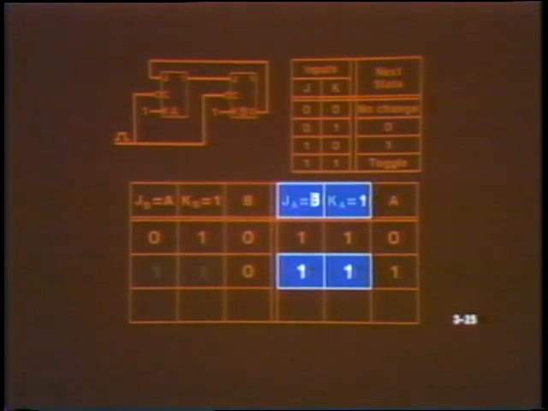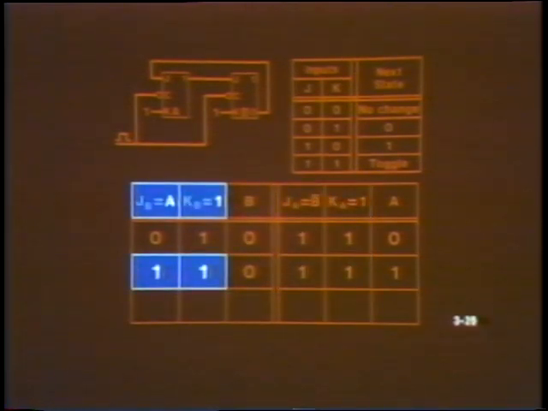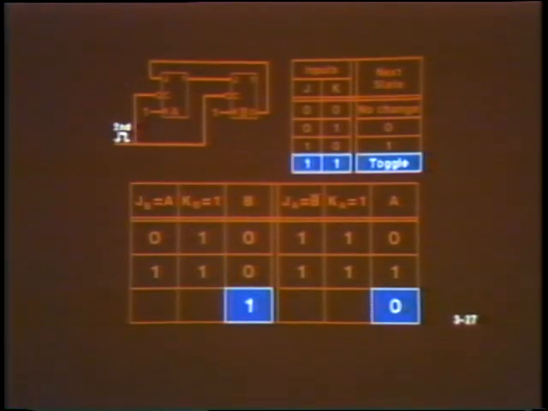At the moment, both inputs to B are also 1. K sub B is always 1, and J sub B equals A, which is presently 1. So both flip-flops will toggle after the clock pulse. B sets, while A resets.